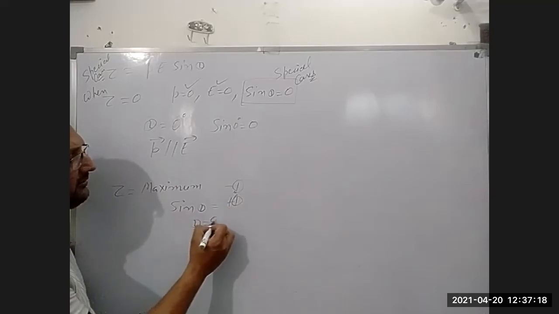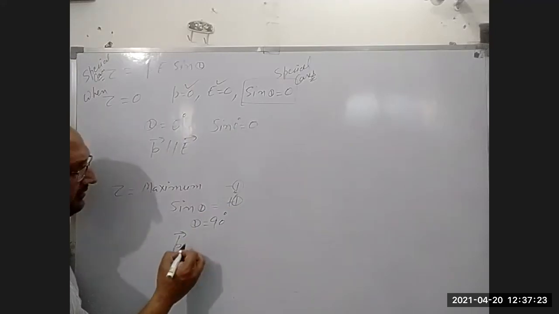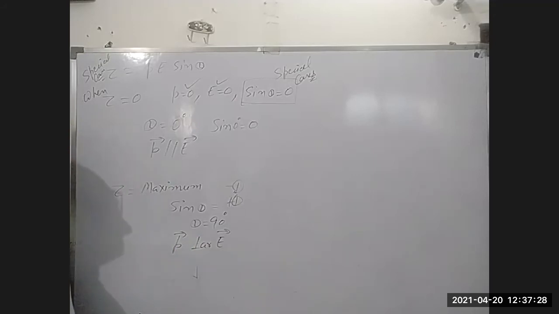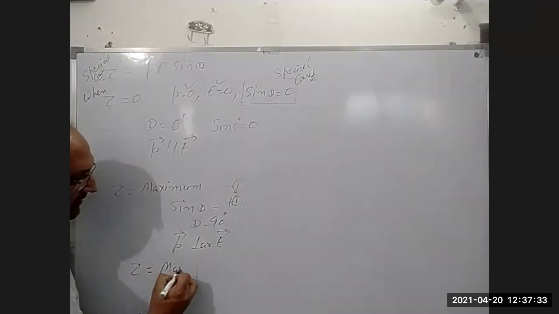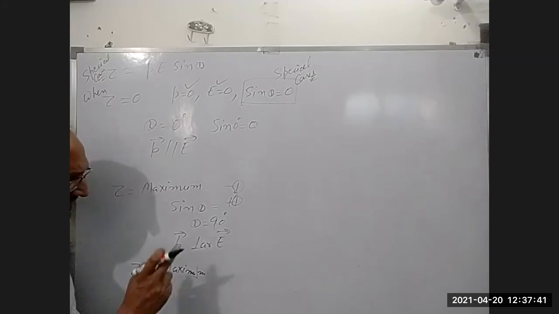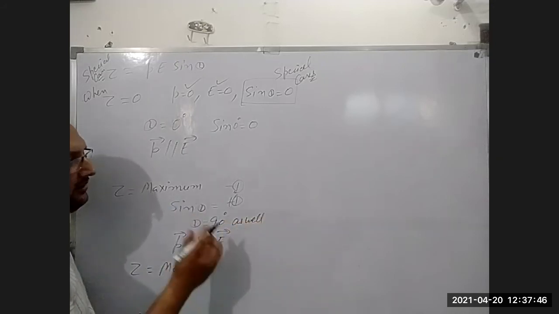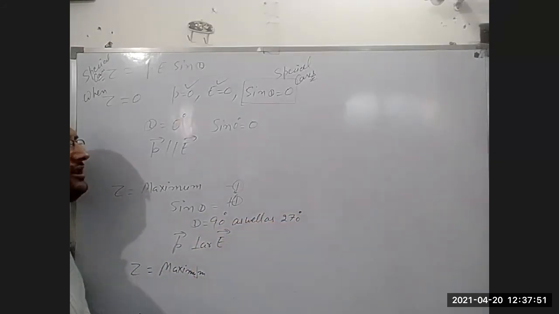In which case? When theta is 90 degrees, meaning when the dipole moment is perpendicular to the electric field, then torque has maximum value. Torque has maximum value in case of 90 degrees as well as 270 degrees, because this is also perpendicular.